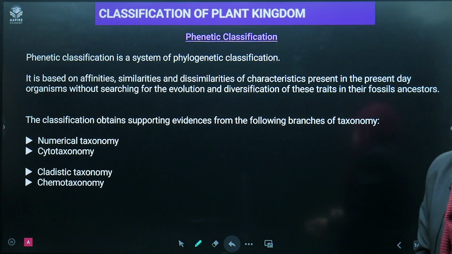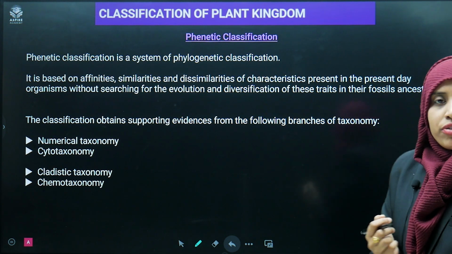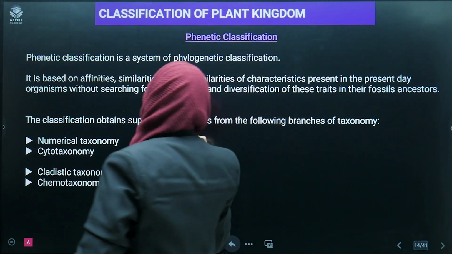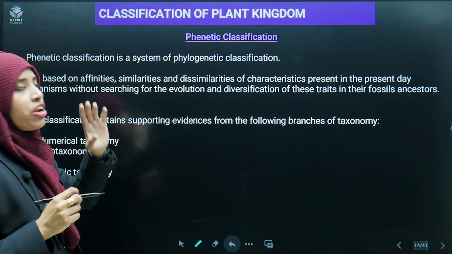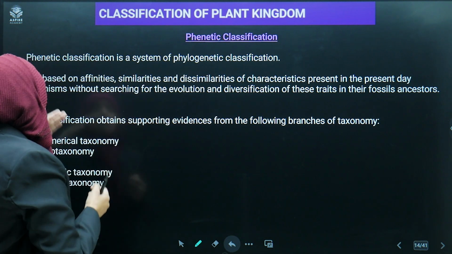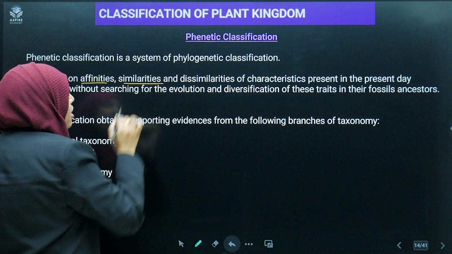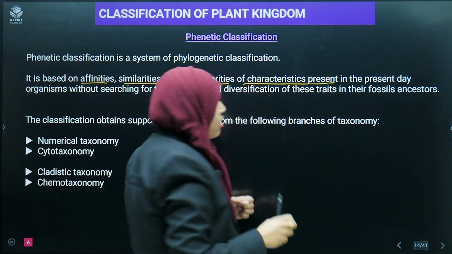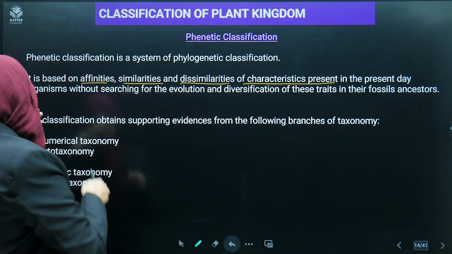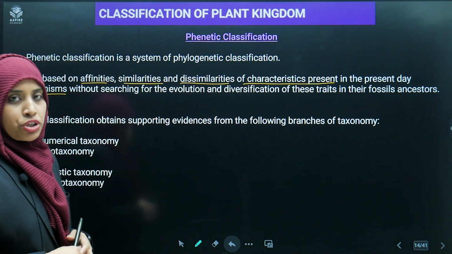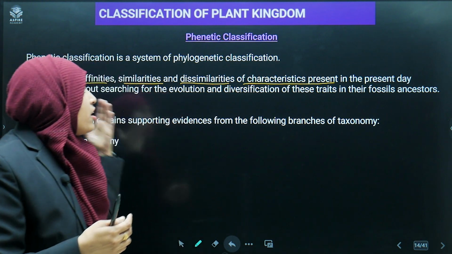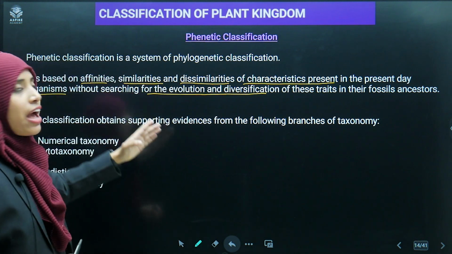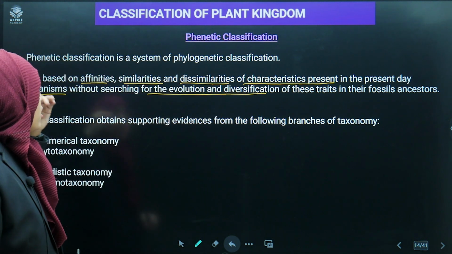So what is phenetic classification? Okay, so we have seen phylogenetic classification also, but what is the phenetic classification system? Okay, it is based on affinities, similarities, dissimilarities of characteristics that are present in the present day organisms without searching for evolution. ठीक है, evolution, diversification को ना ध्यान में रखते हुए only we have to focus on the similarities, dissimilarities and affinities also.